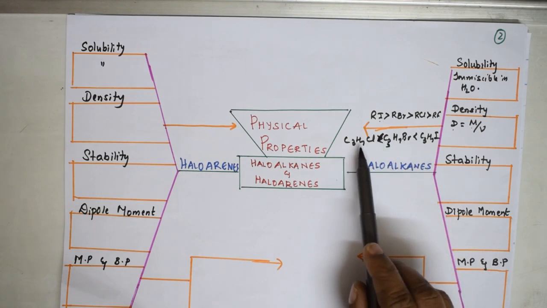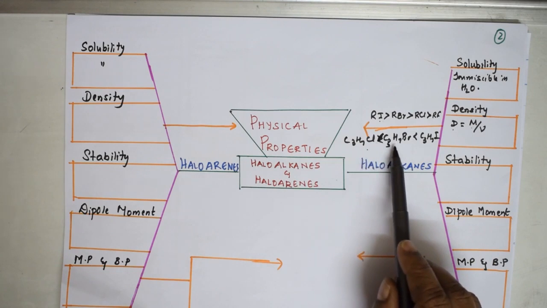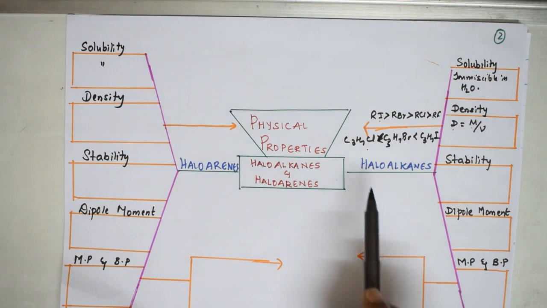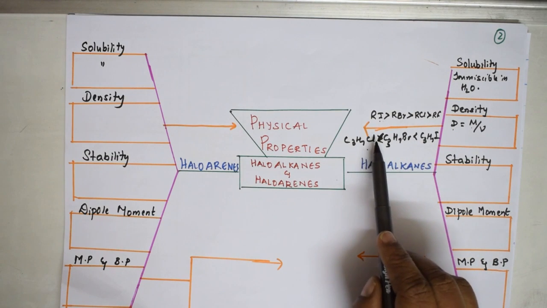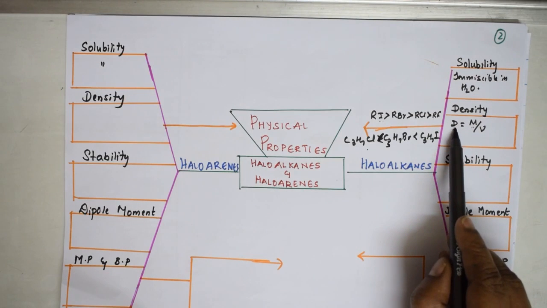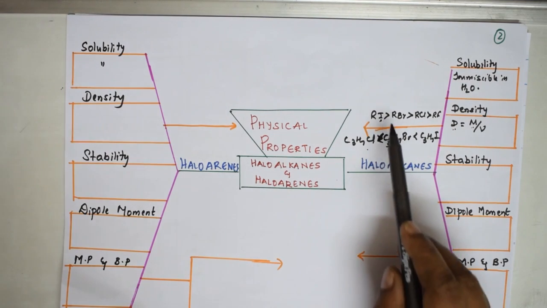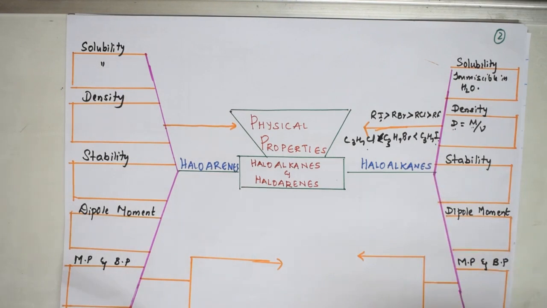So the density of C3H7Cl is 0.89 gram per ml, this is 1.33, this is 1.75. So remember, if the alkyl group is the same and the halogen varies, if the mass is increasing, density also increases. Here iodine mass is more, so the density is also higher. Right? Yes.